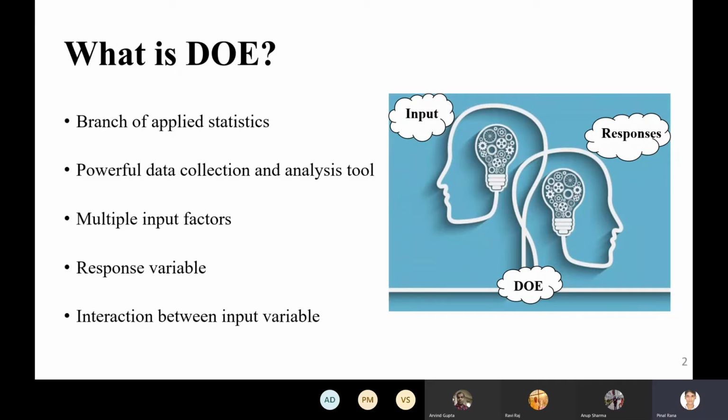That way, design of experiment can identify important interactions that may be missed when experimenting with one factor at a time.